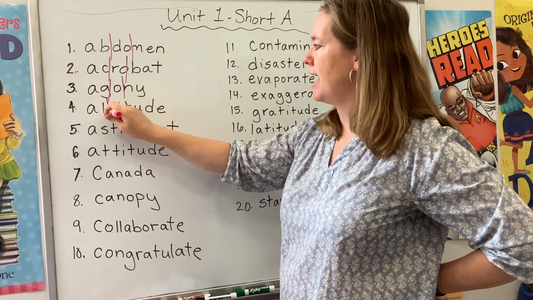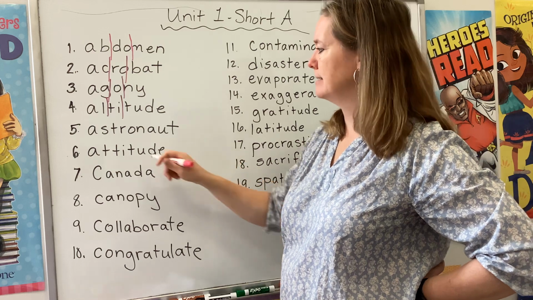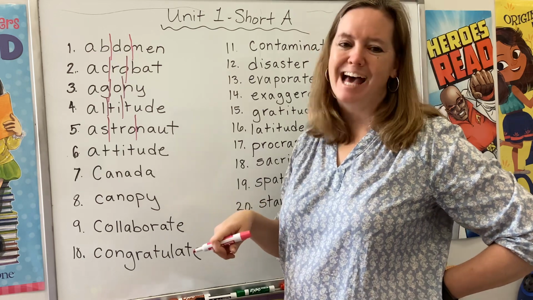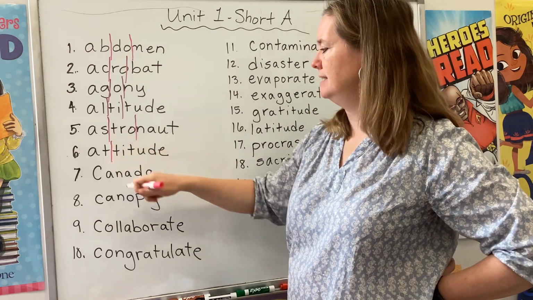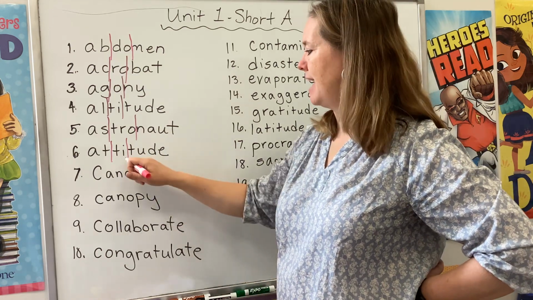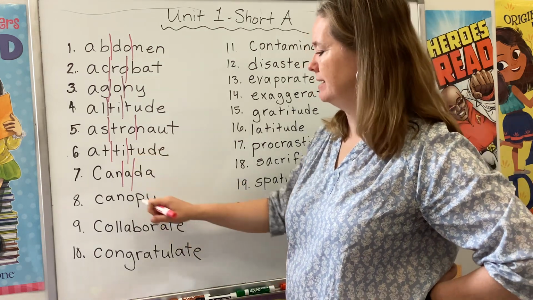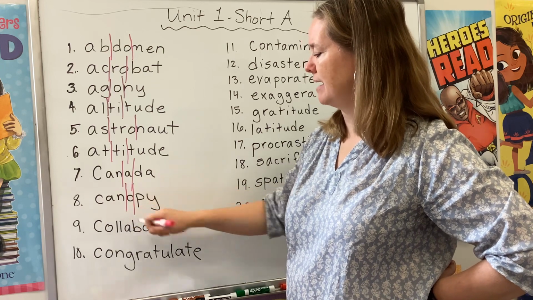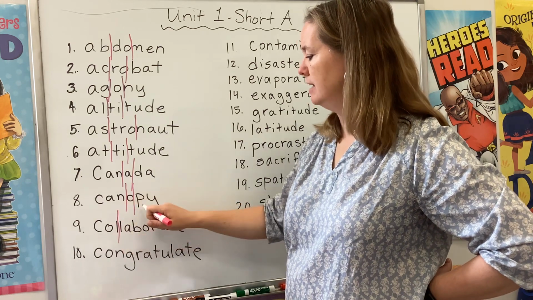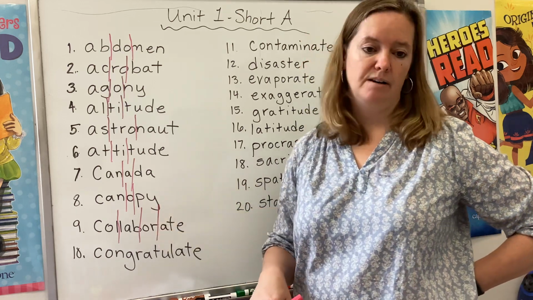Altitude, after the L and after the I. Astronaut, after the S and after the O. Attitude, between the T's and after the I. Canada, after the N and after the A. Canopy, after the N and after the O. Collaborate, after the L, after the B, after the R. 4 syllable word.